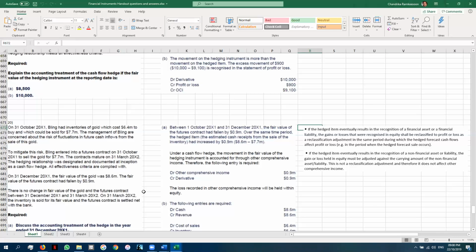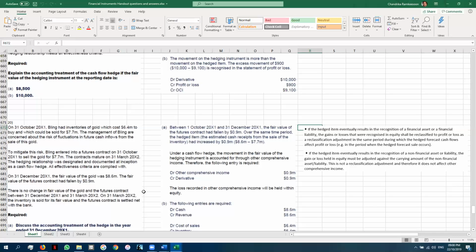On 31st December, the fair value of the gold was 8.6 million. The fair value of the futures contract had fallen by 0.9 million. See, one went up, one went down.